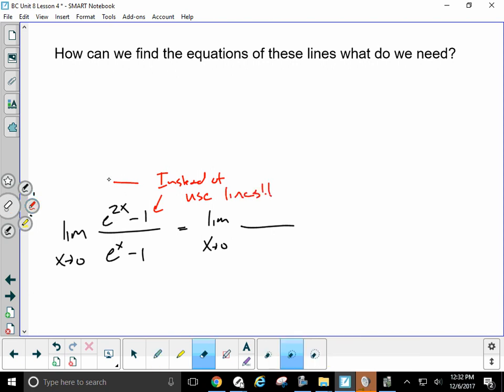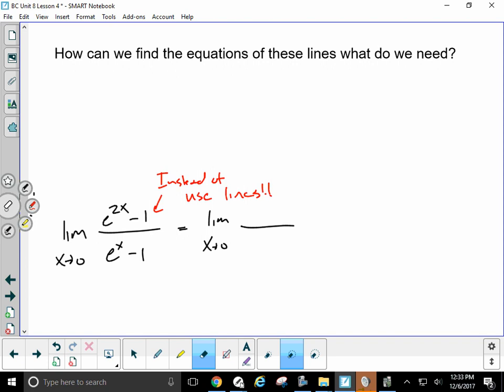Now, what would be a good and easy way to find a close approximation of those lines around 0? What could I use? A tangent line. A tangent line is going to essentially approximate our function right around those locations.